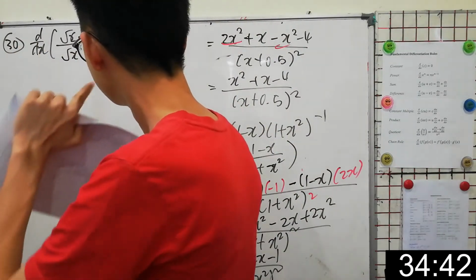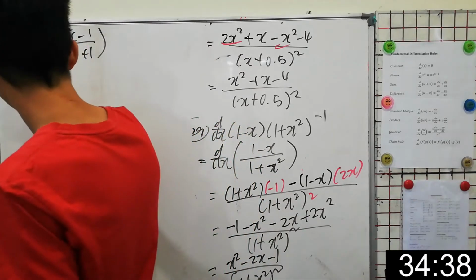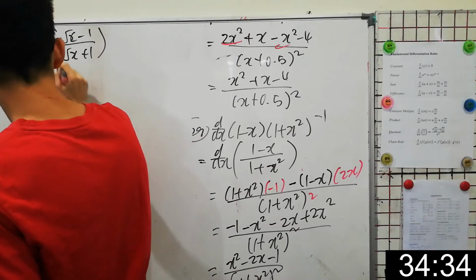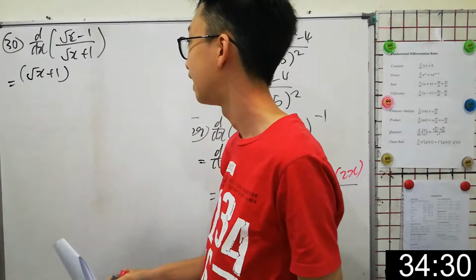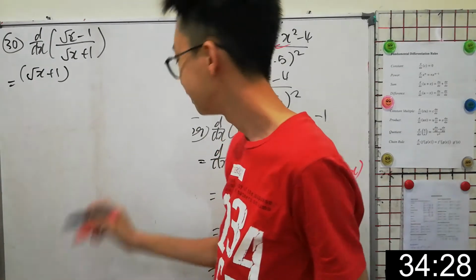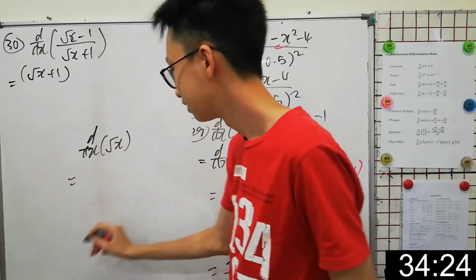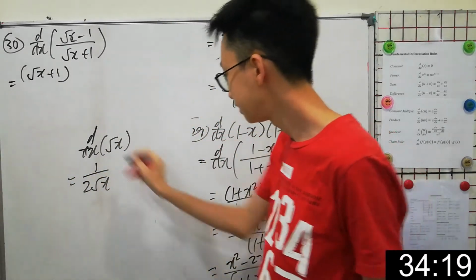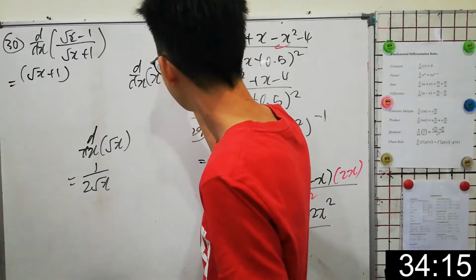Okay, so this should be, again, a quotient rule. So you copy bottom, square root x plus 1, then you differentiate top. By the way, did I mention it? When we differentiate square root x, it is just 1 over 2 square root x, because this is actually d dx of x to the half.